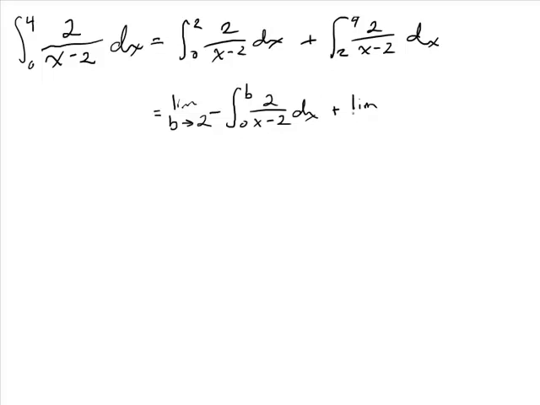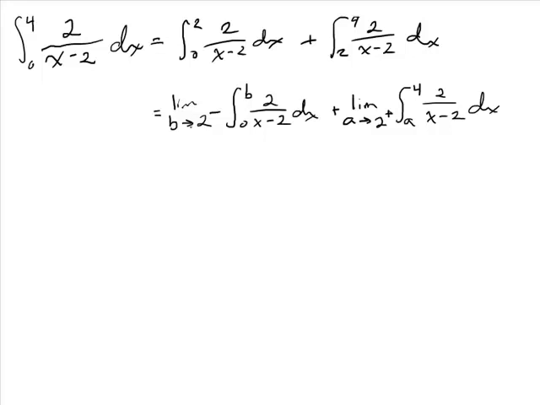Let's use a goes to 2 from the right, and then the integral from a to 4 of 2 over x minus 2 dx. So what we have now are two proper integrals with limits. We can now do the proper integrals using our fundamental theorem, and then we'll take the limits afterwards.